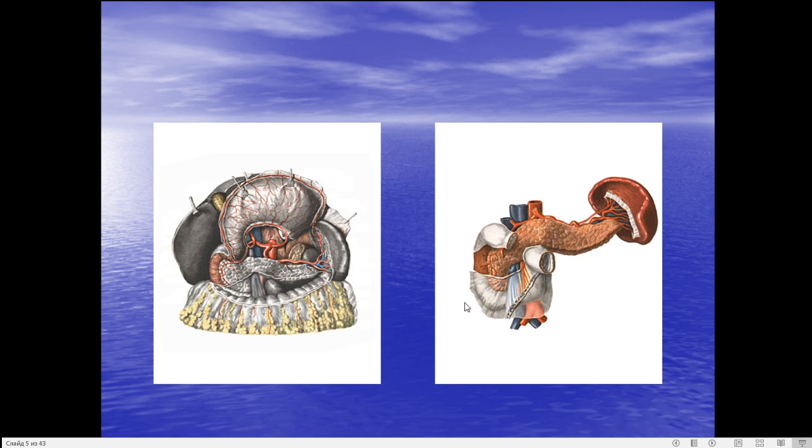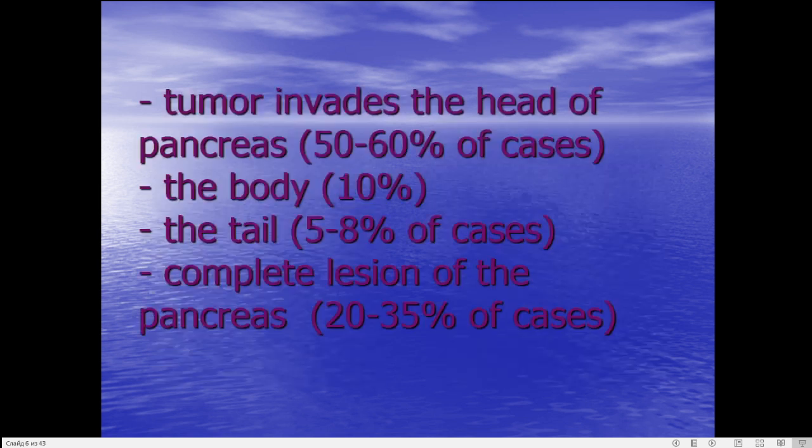From the beginning, I told you that if the tumor invades two main vessels, the superior mesenteric artery and the superior mesenteric vein, it's very important when we do diagnostics of cancer of pancreas, particularly for head or neck of pancreas.